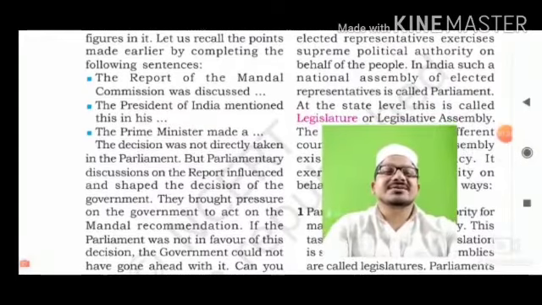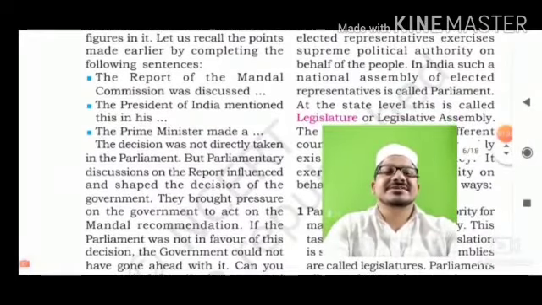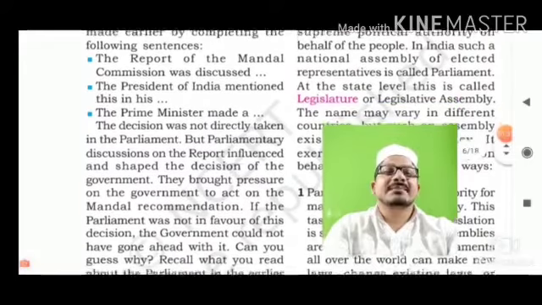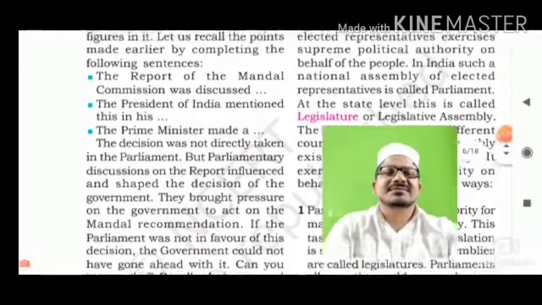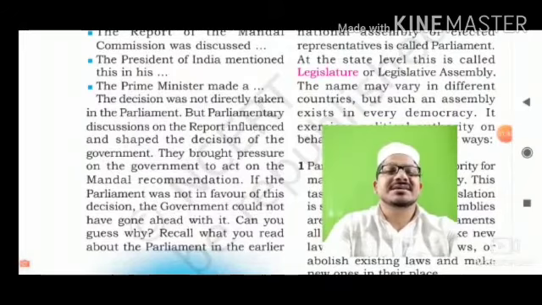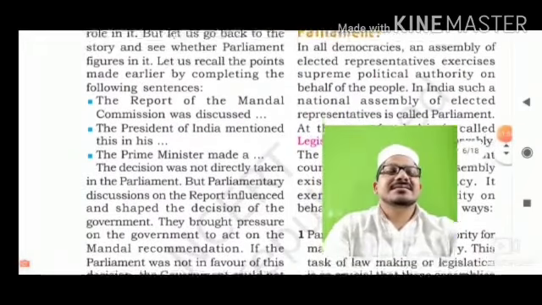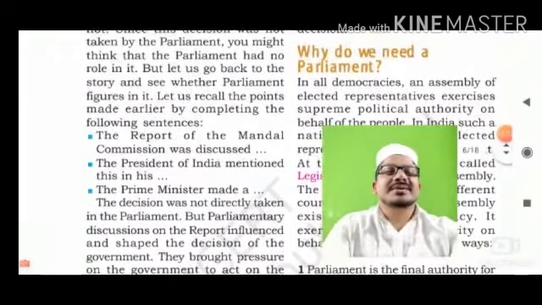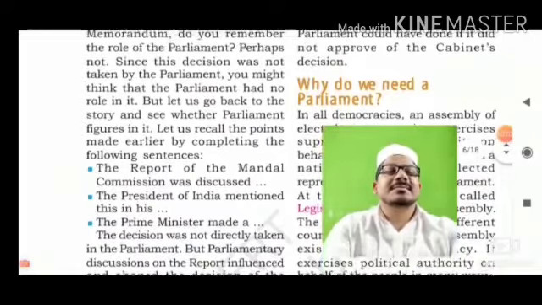And our Parliament made a serious discussion and debate upon that recommendation, and at last the Parliament made a pressure upon the Janata government in that period, and the Janata government became ready to implement that recommendation.